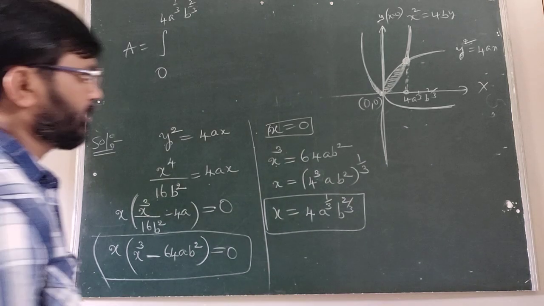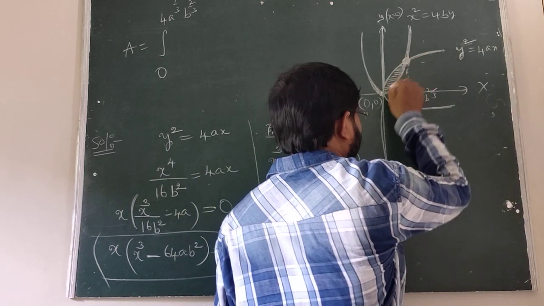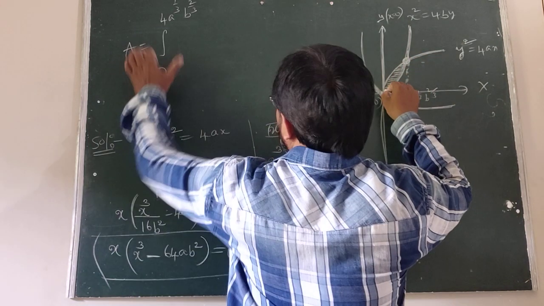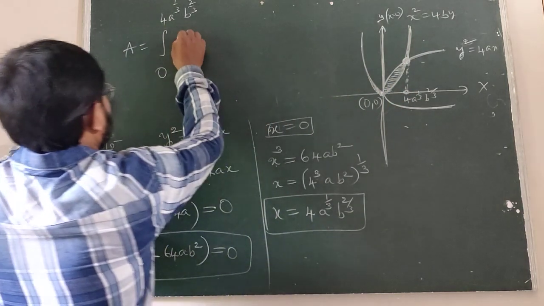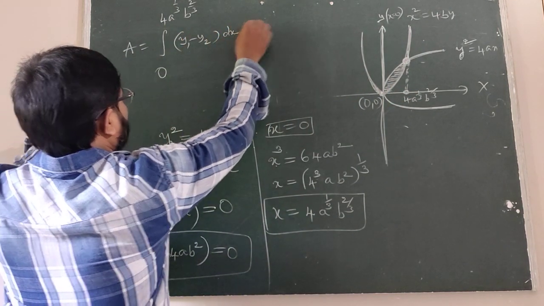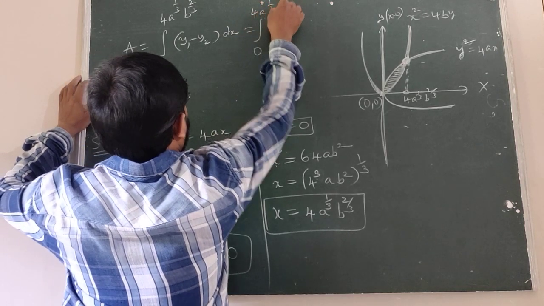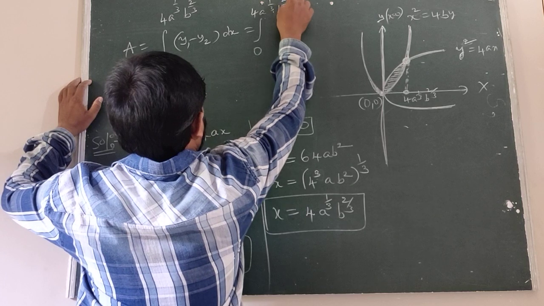Now we can write what the curves are here. This is the upper curve and this is the lower curve. When we take the limits in x, we write y1 minus y2 into dx. That means integral 0 to 4 a power 1 by 3, b power 2 by 3.